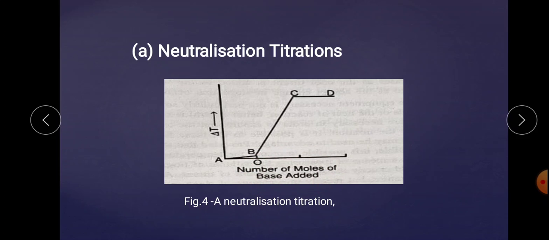In thermometric titration, we use an isolated flask or Dewar flask. But sometimes, because of the exchange of heat between the vessel, sample and the surroundings, such a graph is observed.